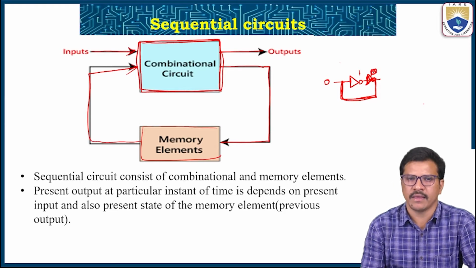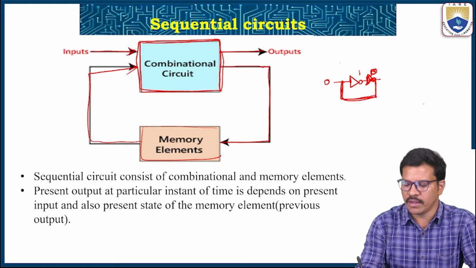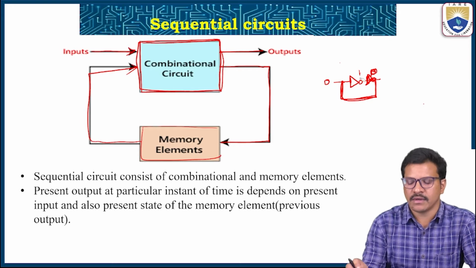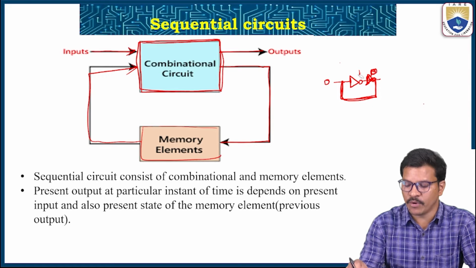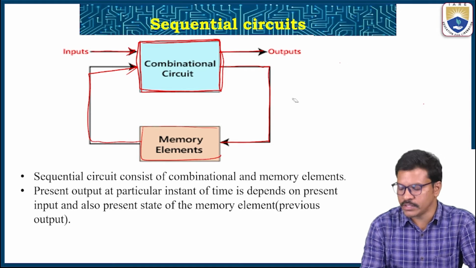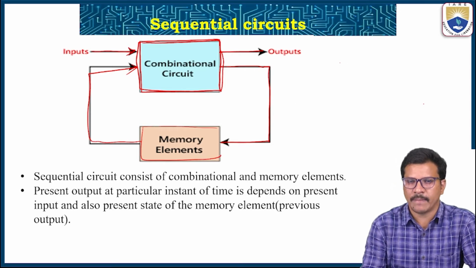We can maintain the same 0, so we can resemble this as something which can store the logic 0. So we feel it as memory. But a single input is not at all preferred for creating the memory. That's why we use two-input logic gates to make the memory element.